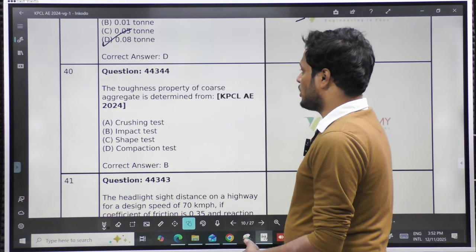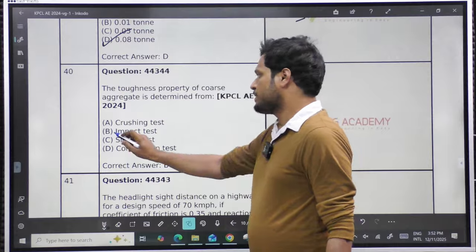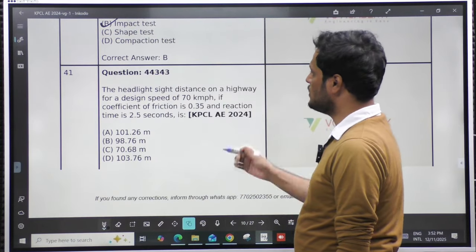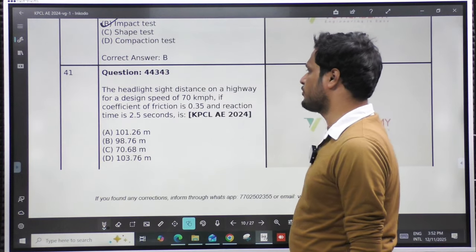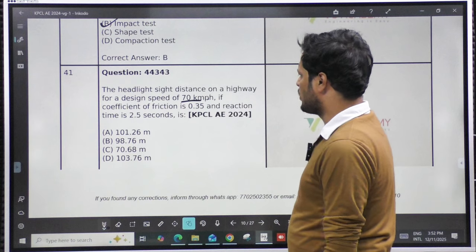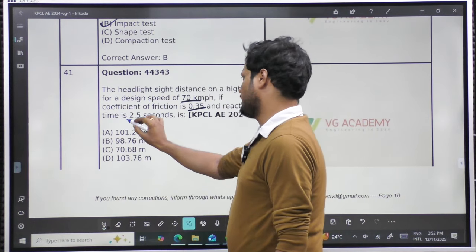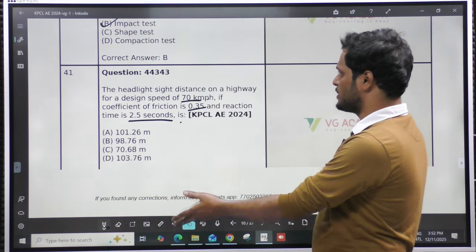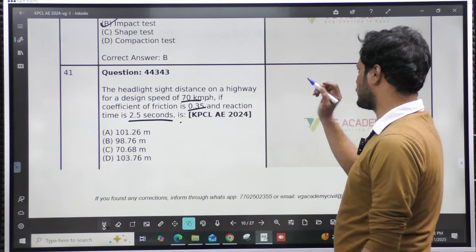The toughness property of coarse aggregate is, toughness means impact test. The headlight sight distance on a highway for a design speed of 70 kmph, coefficient of friction 0.35 and reaction time 2.5. Here in this case it will directly become the SSD only.